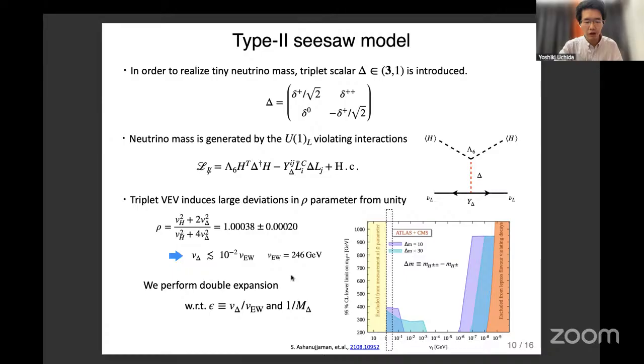From now on, we perform the double expansion with respect to epsilon, where epsilon is the ratio of the triplet vev and the electroweak scale, and also 1 over M delta, where M delta is the mass of the triplet field delta.